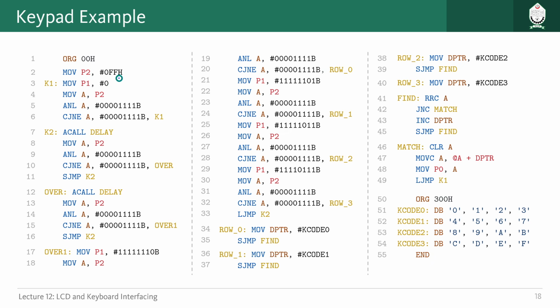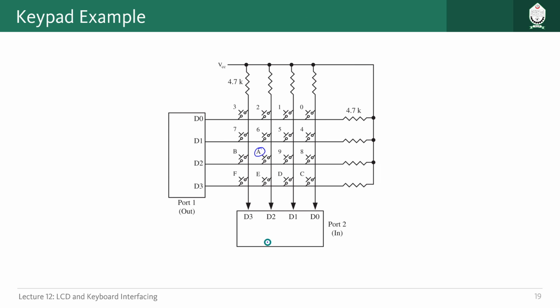P2 has been given FFH so that we can configure P2 as an input port. From here, port 2 will be used to read the columns, so it is used as an input port, and as a result we give all ones, FF, to its pins to configure it as input. Port 1 is connected to the rows, so we will output different values here to give different values to these rows and then read the columns.